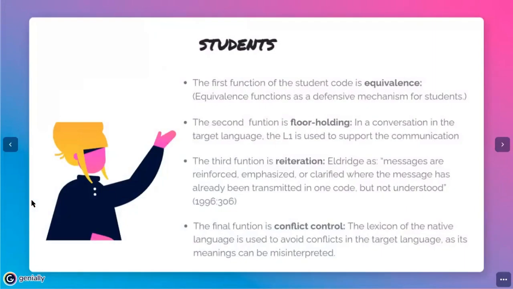Okay, the second is about students. The first function that we can find is the equivalence. It's a kind of mechanism that some students use when they don't know some words or things that they are not learning during the moment, and they try to say the words they want to say, but in their mother tongue.